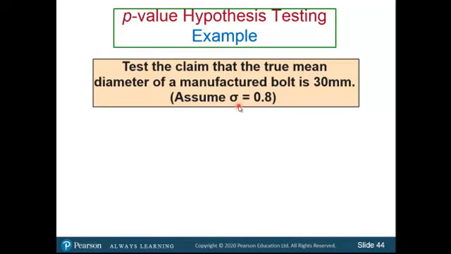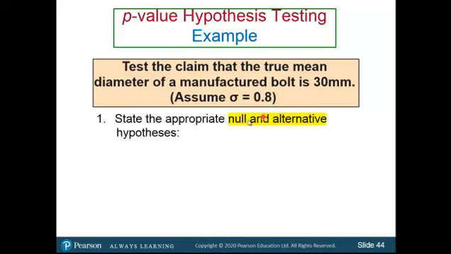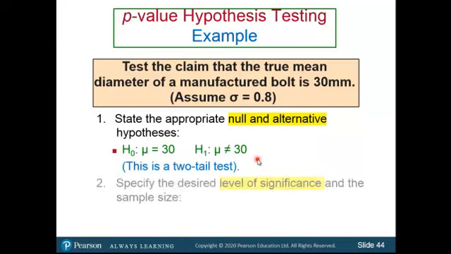Assume the standard deviation of the population is equal to 0.8. So this is the step we have to follow. State the appropriate null and alternative hypotheses. H0: mu equal to 30, H1: mu not equal to 30. And again, this is a two-tailed test.